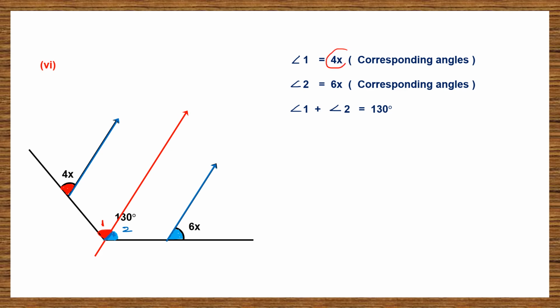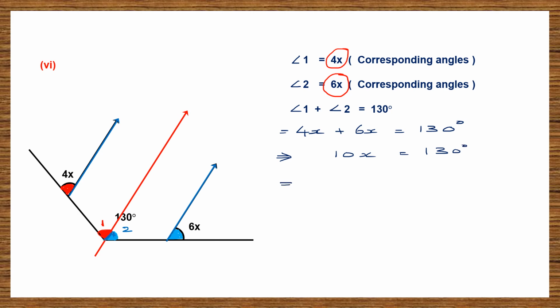Angle 1 is 4x. So 4x plus, now how much is angle 2? Angle 2 is 6x. So 4x plus 6x will be equal to 130 degrees. So now we can work this out. 4x plus 6x is 10x. 10x is equal to 130 degrees.